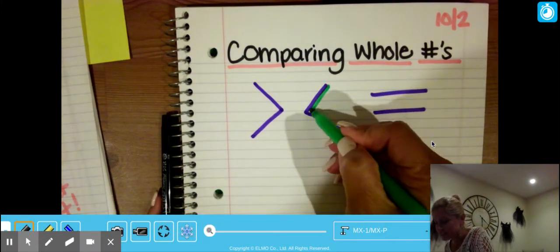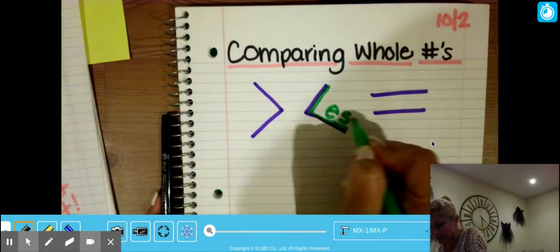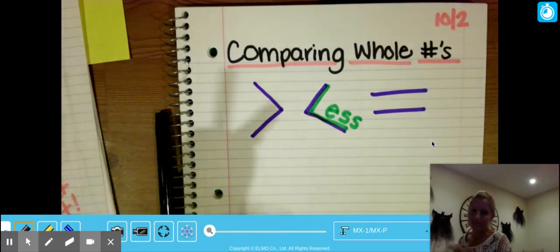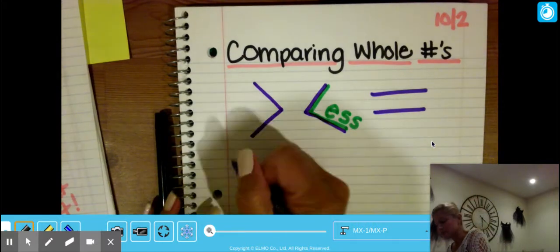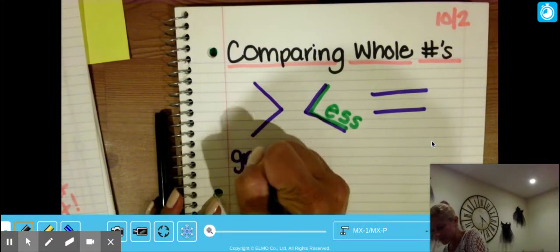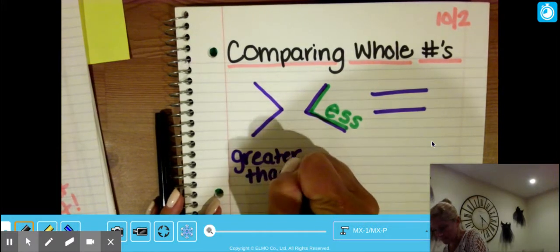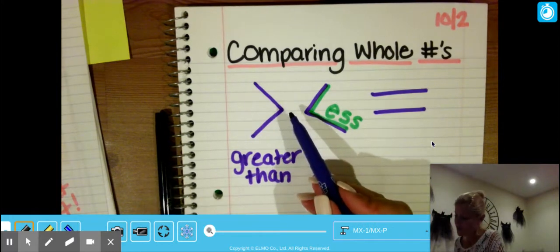The less than symbol actually makes a sideways letter L. Look at that, right? Less. And then the greater than symbol obviously does not make a letter L. So that's the greater than symbol. So let's label these. We have greater than. It points to the greater number.